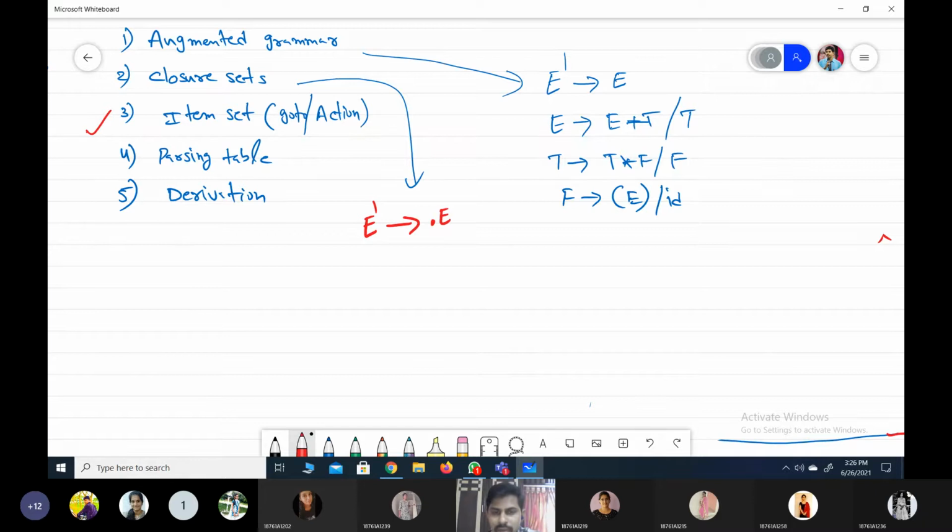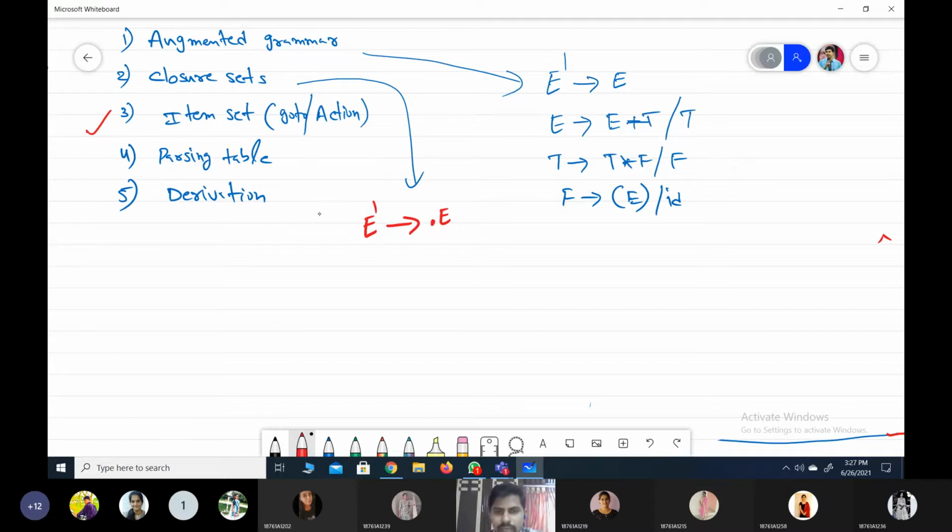Whatever the item set may be, if you observe that immediately after the dot there is a non-terminal, then add that non-terminal's replaceable productions to the item set. I'm repeating once again.